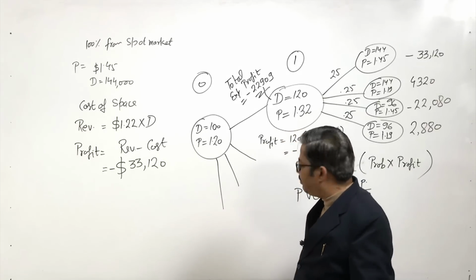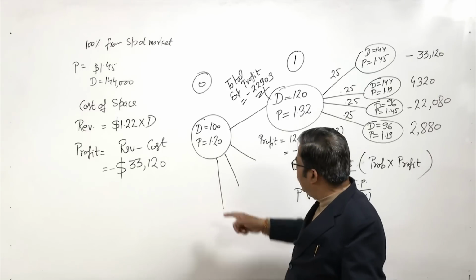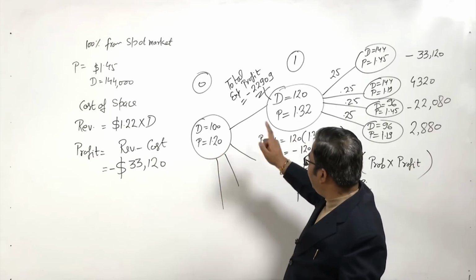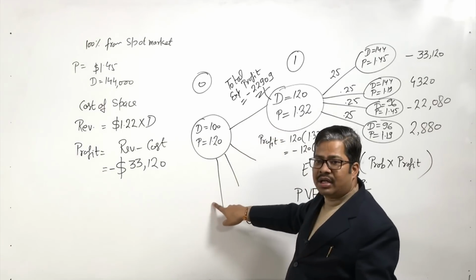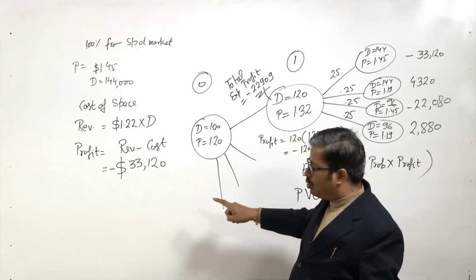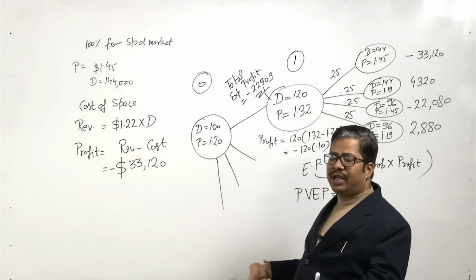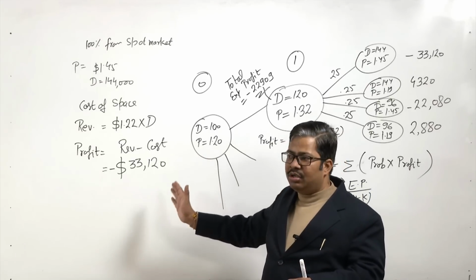Different values will come, and then the expected profit for this particular node will be the multiplication of this expected profit into the transition probabilities, that is 0.25 for each of them, and then I will calculate the present value for period 0.